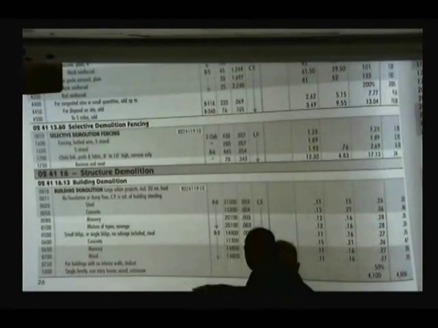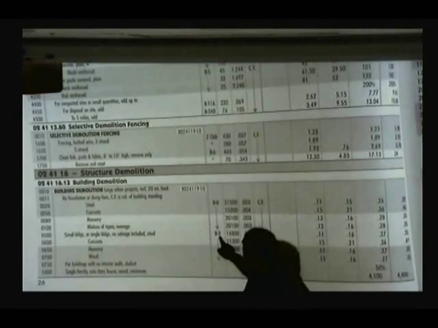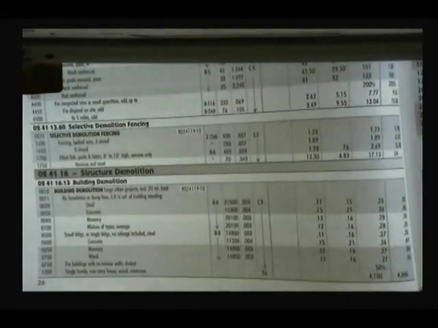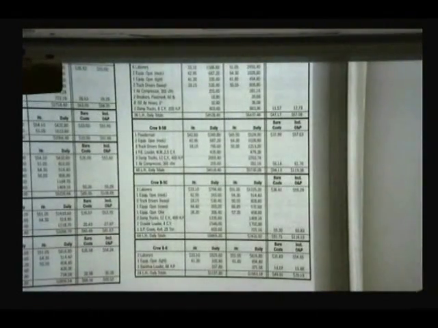Now, your question, what kind of tools do they have? This is the crew they're using, crew B3. So we can go to the back of the book and look at the crews and find crew B3, and then find out exactly what they're using for these guys. So B3, it's right here. No, it's not. That's 58.